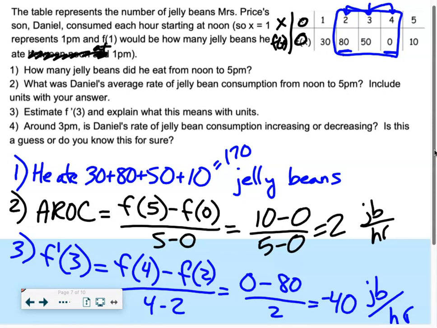All right, around 3 p.m., is his rate of jelly bean consumption increasing or decreasing? Decreasing. We do know this for sure because I said he doesn't eat anything in between.